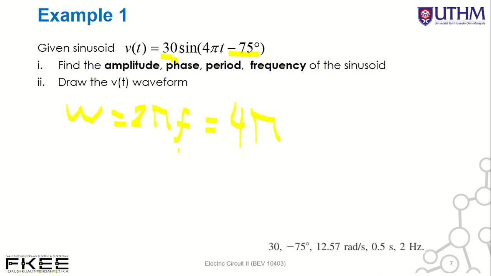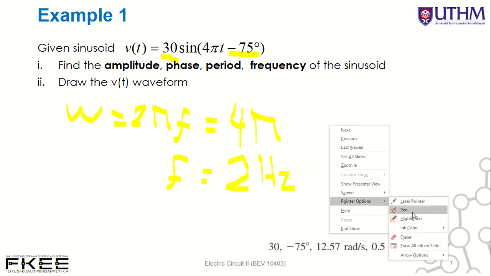Okay, so in this case you can determine the frequency. Frequency equals 2, and the unit of frequency is hertz. So frequency equals 2 hertz. What is the relationship between frequency and period?